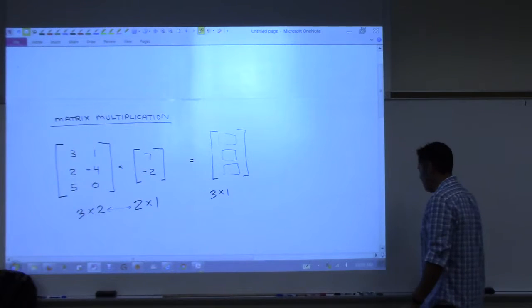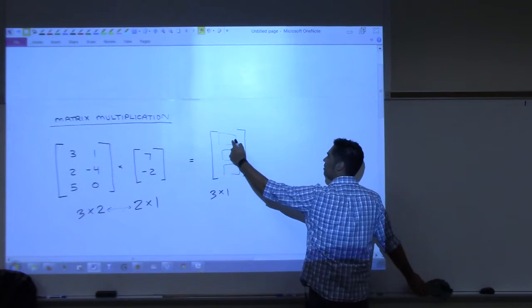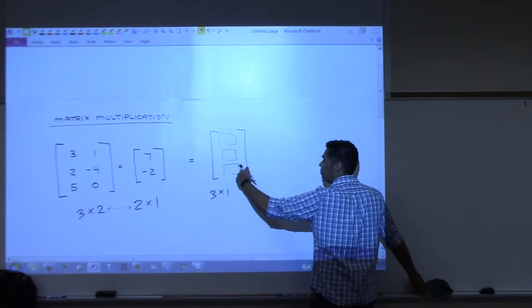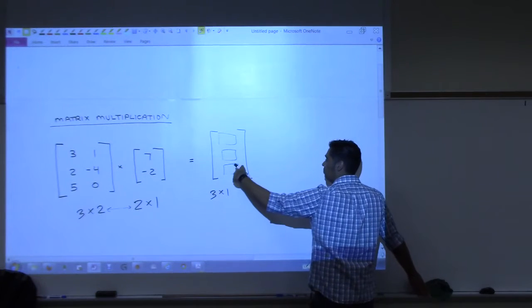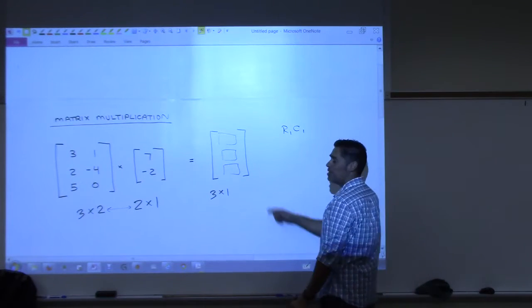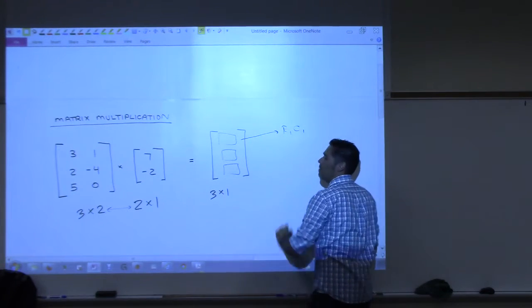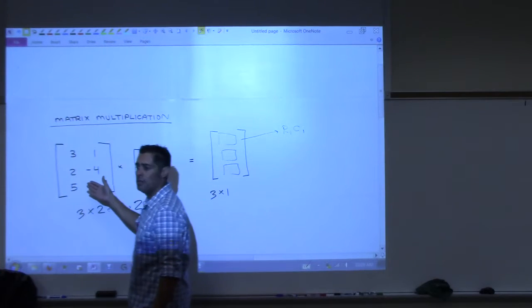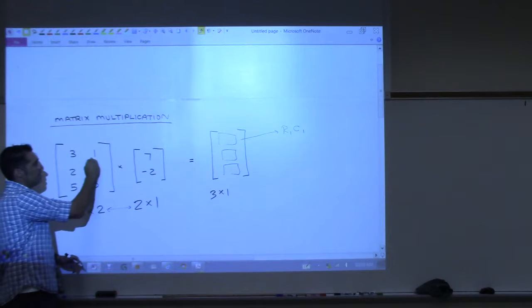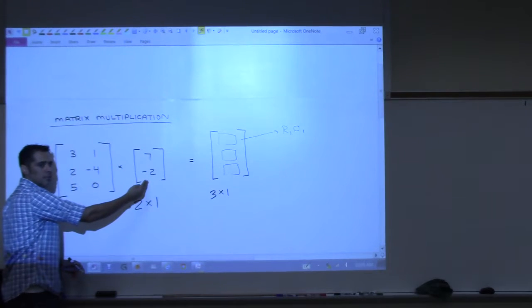Okay. Tell me about this first entry. Its position in here is what? Row 1, column 1, right? Row 1, column 1 is this one? Okay, so I'm going to go over here. I'm going to grab row 1 and multiply times column 1 on that one. So row 1 is here, column 1 is here.